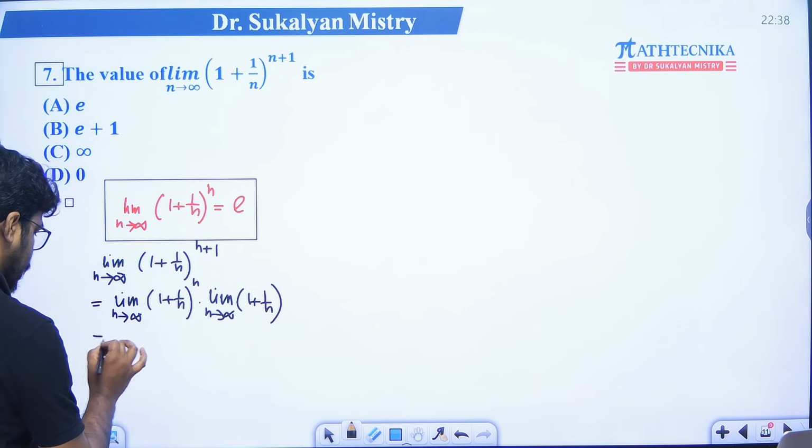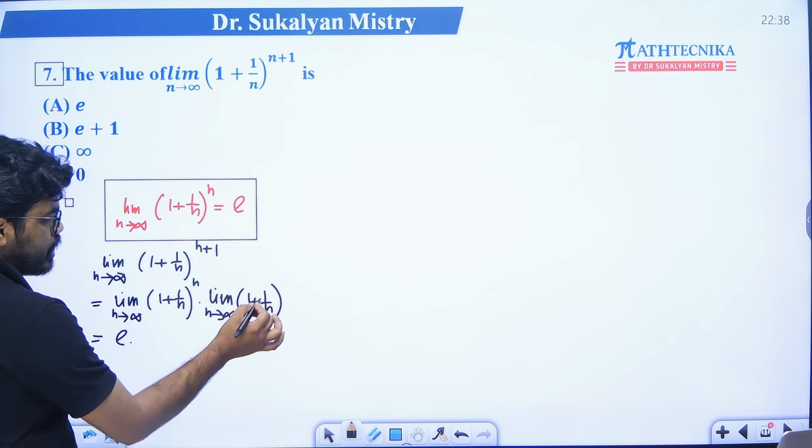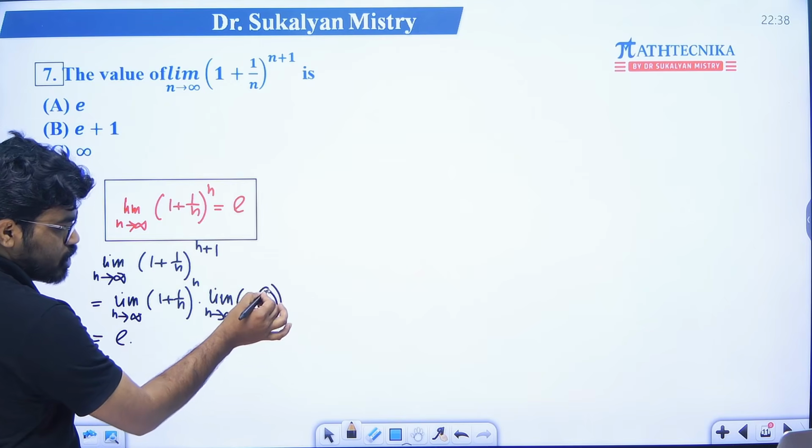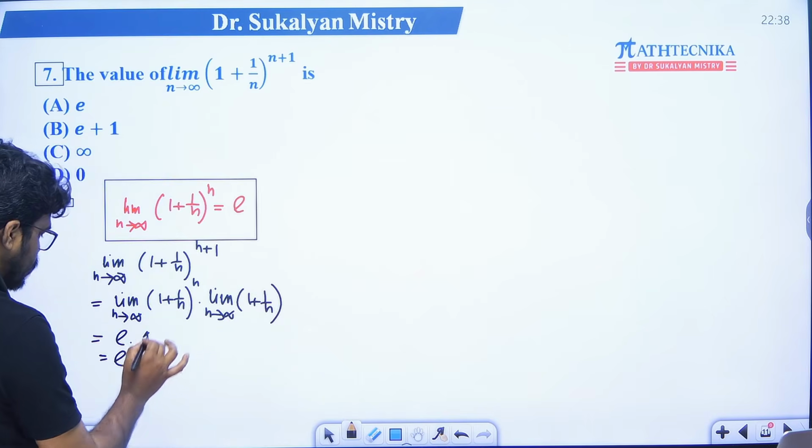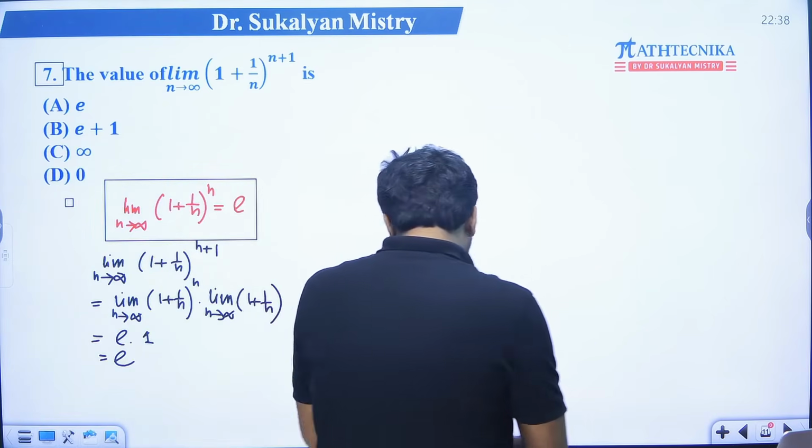So this is basically e. Limit n tending to infinity 1/n goes to 0, so ultimately you have 1. So e into 1, that is e. Okay, so option A is the correct answer.